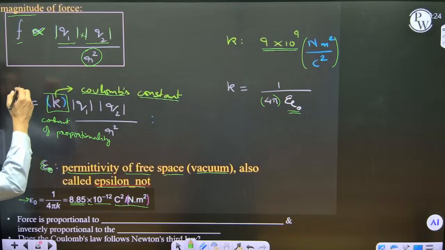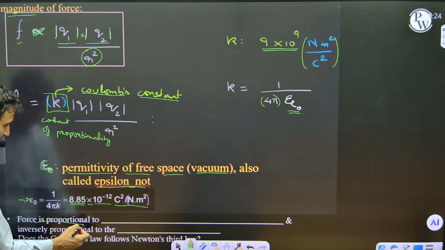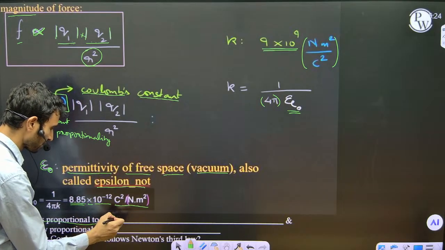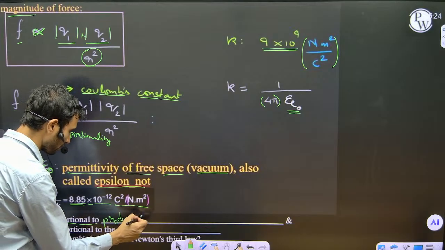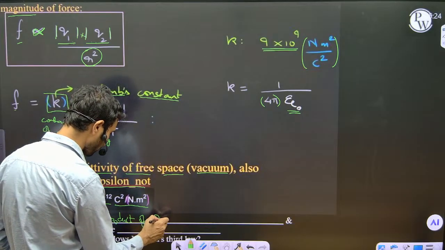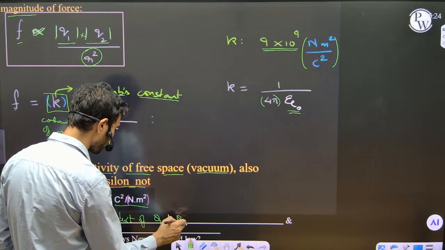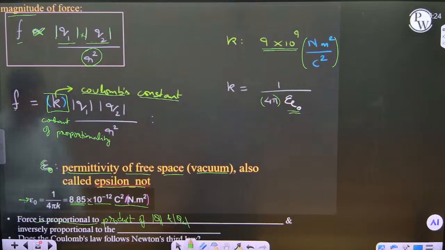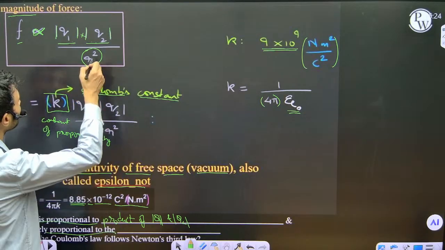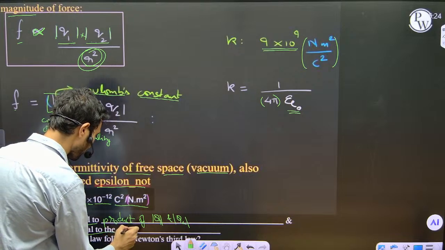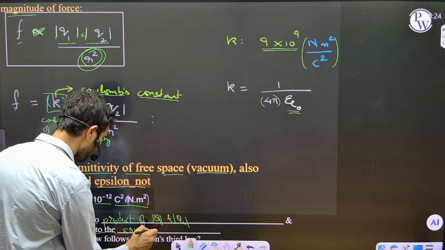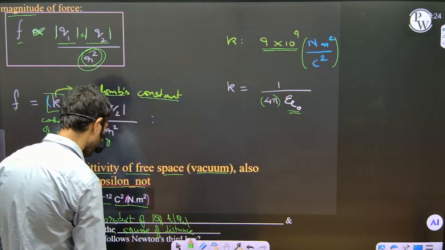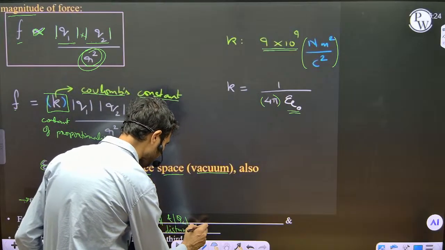So I can say that force is proportional to the product of q1 and q2 magnitude, and is inversely proportional to the square of the distance between charges.